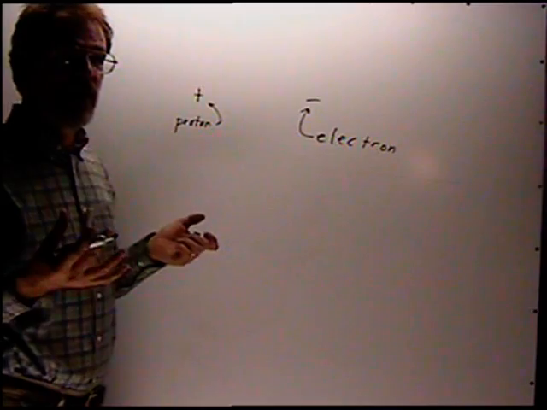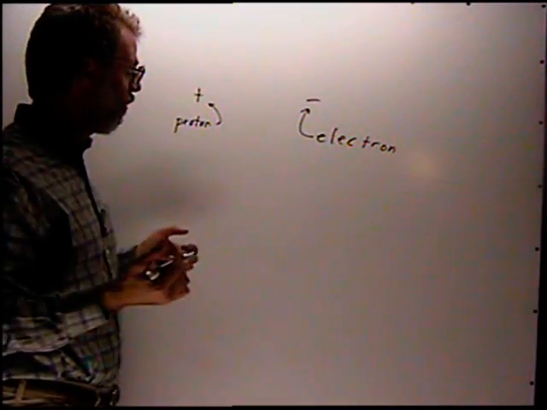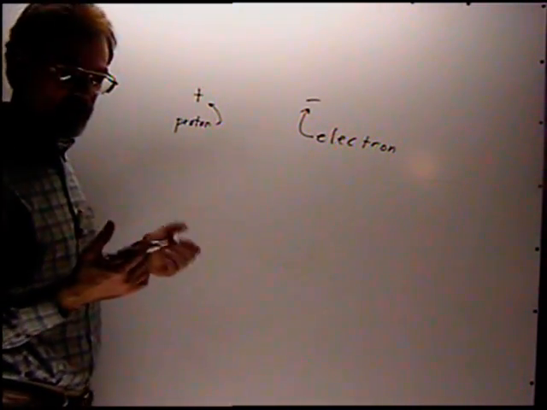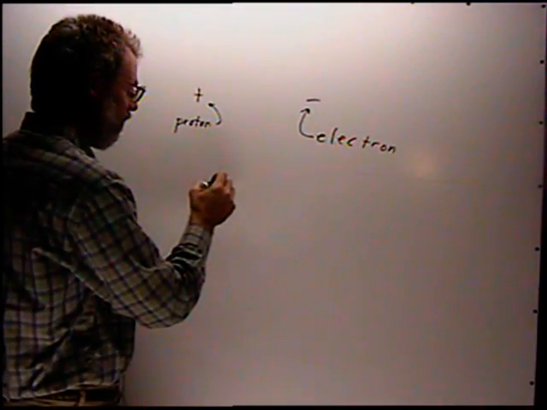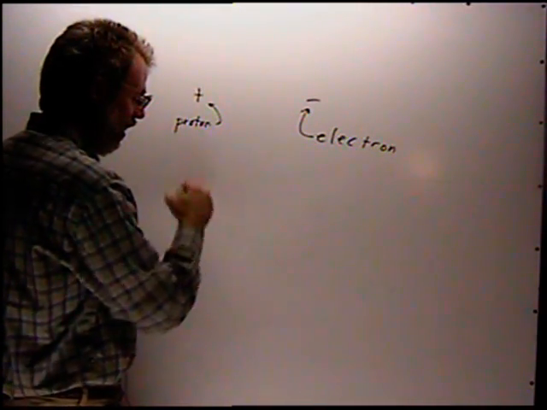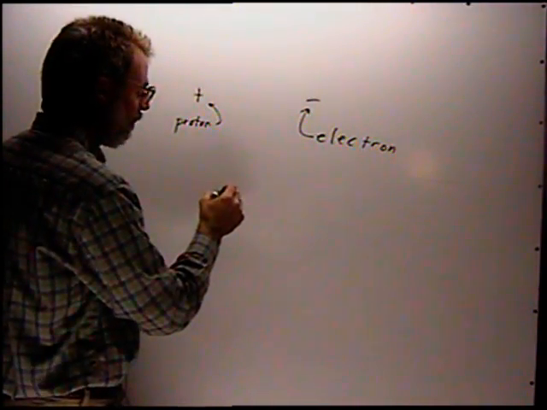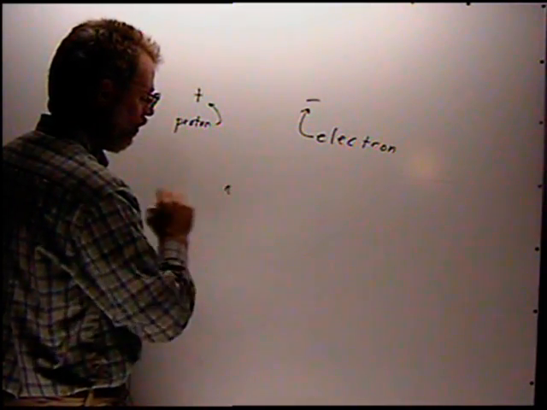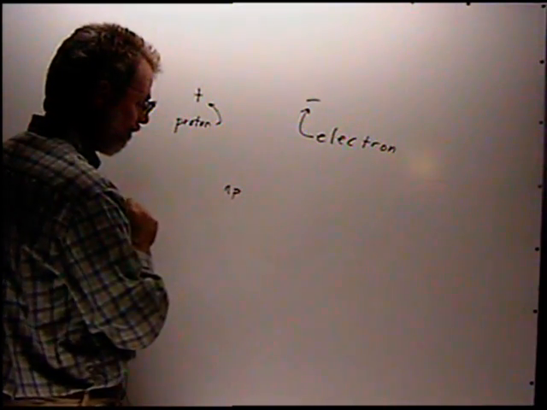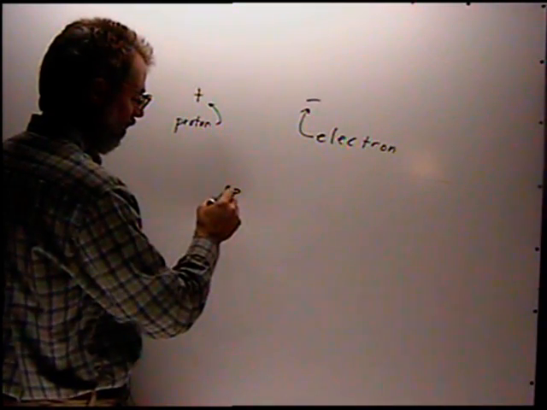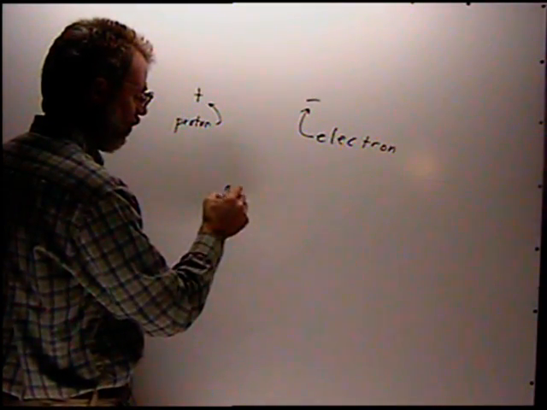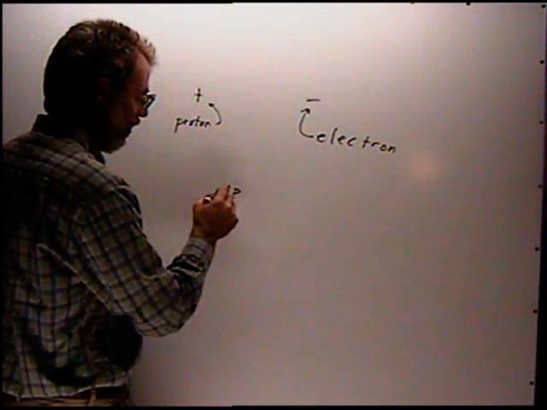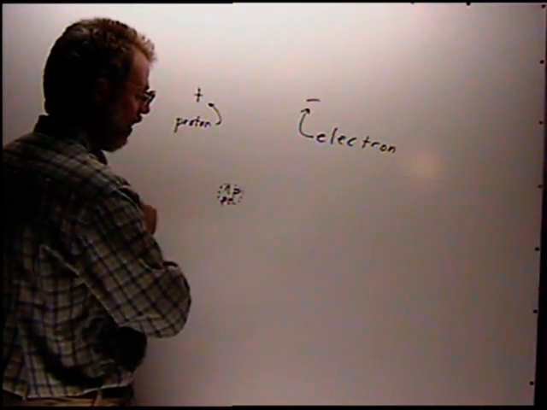And your typical atomic structure, as you learn from chemistry, is you have an atomic nucleus. So you have a neutron, which is neutral, and a proton. Say you have 2 neutrons and 2 protons that are bound together in an atomic nucleus.